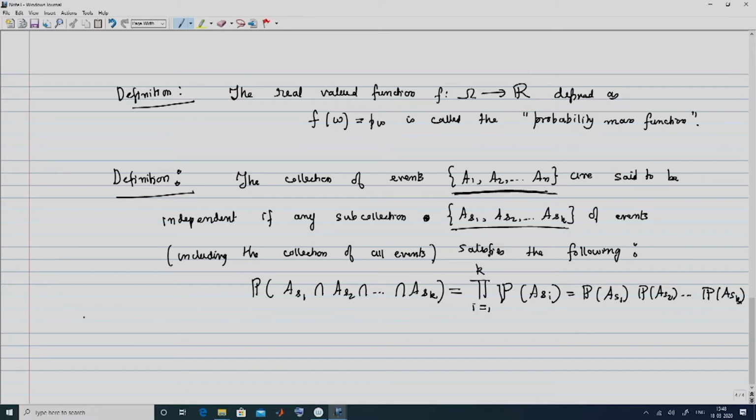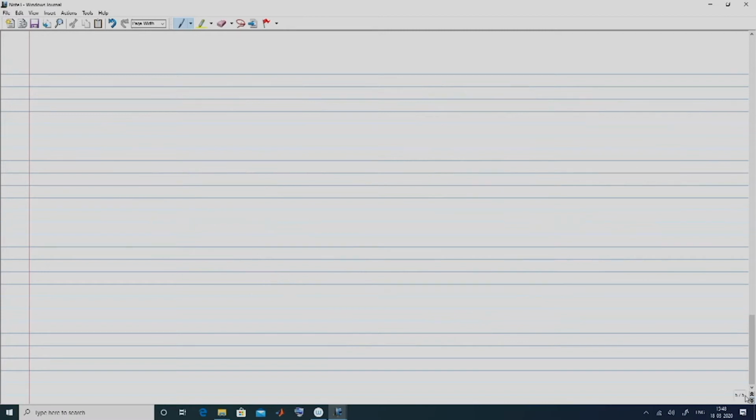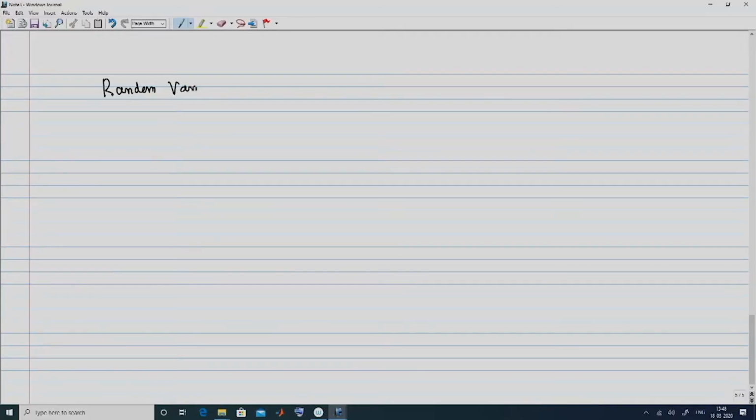All right. So, once we have done with this definition of independence, we move on to the definition of what is known as a random variable. This is a very important component from the context of the course.